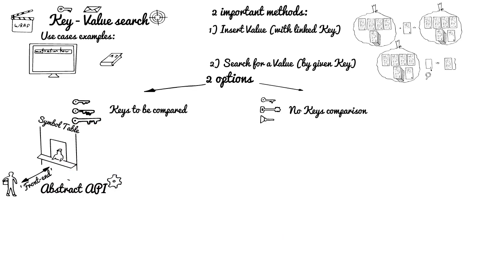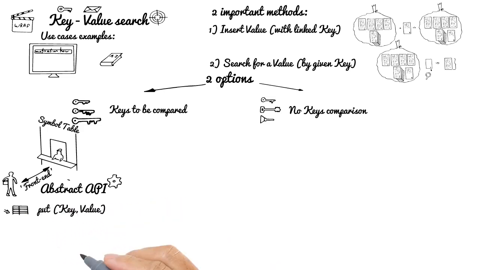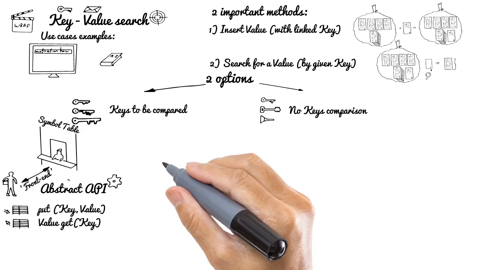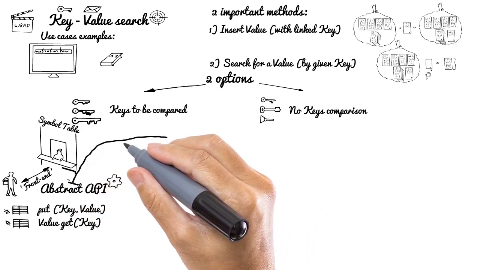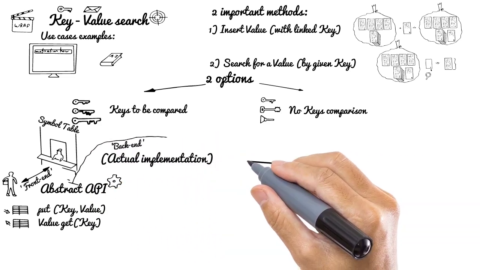Our abstract symbol table API's two main functions are put, with parameters key and corresponding value, and get, taking a key and returning a value. Even though such an API looks very simple, the implementation behind the wall might not be so intuitively simple.